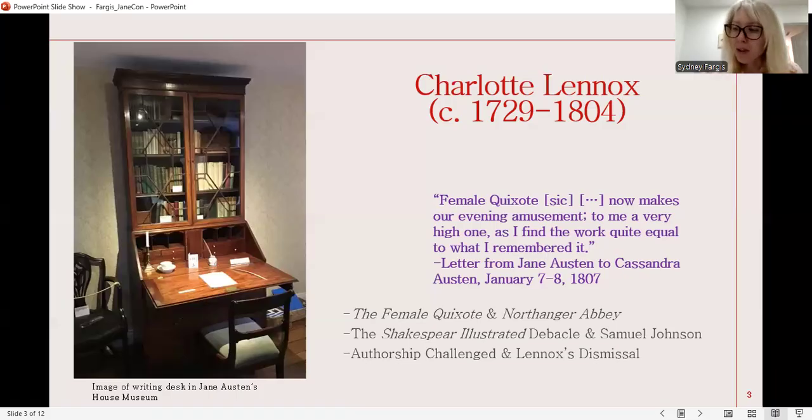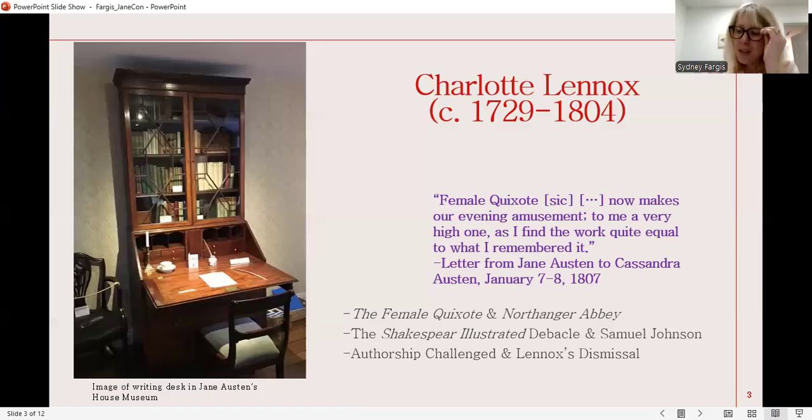So Austen was not the first woman writer to scoff at the notion that a woman could be harmed by the novels she read, nor was she the first to satirize the idea that a woman wouldn't be able to tell the difference between fiction and reality as a direct result of enjoying the art of novel reading.